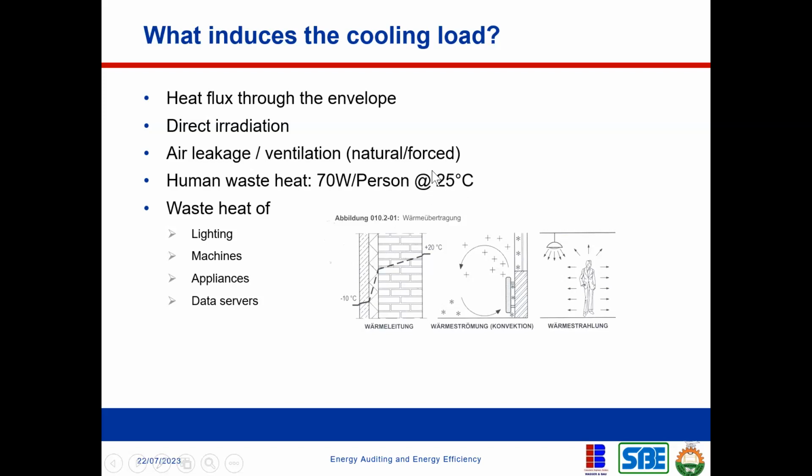So as a human, you release as much as 70 watts of power into this environment. That's why when you come into a place that is crowded, the place is hot, because there are a lot of bodies emitting heat into the space. If there's not enough cooling system to remove that heat, that's why you need cooling. You need cooling to evacuate that heat from the space into the environment. If you're not doing that, then the place becomes hot.